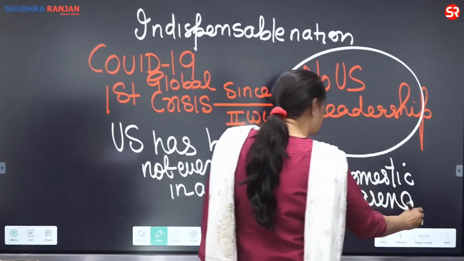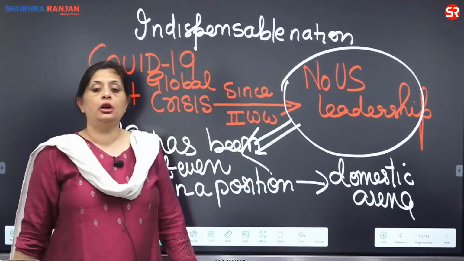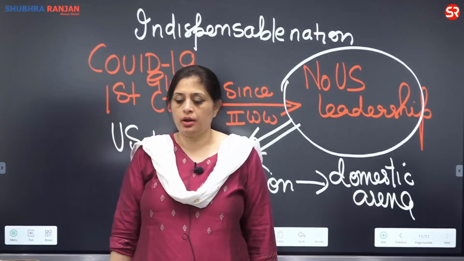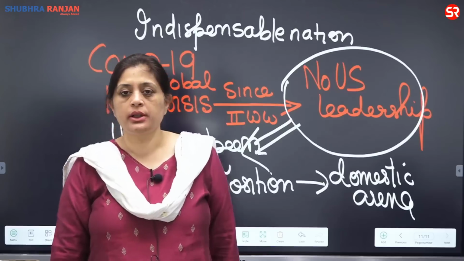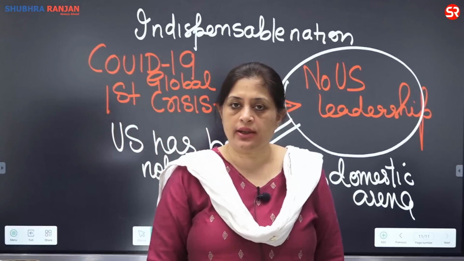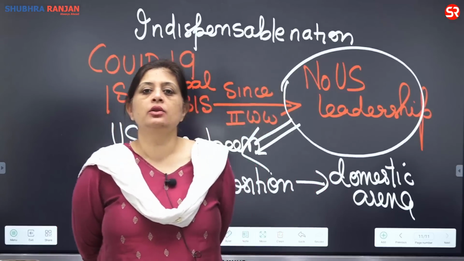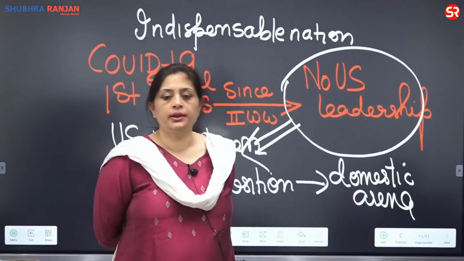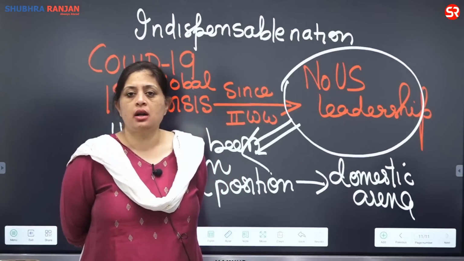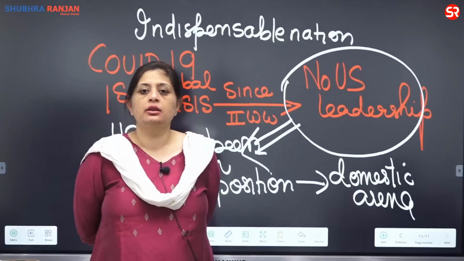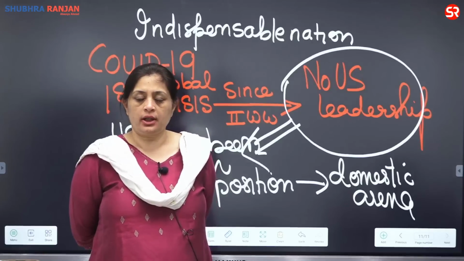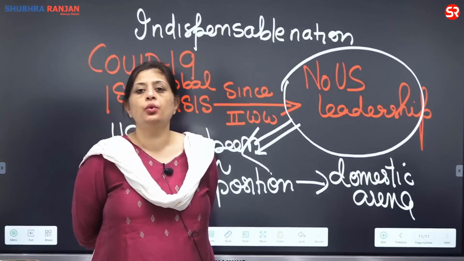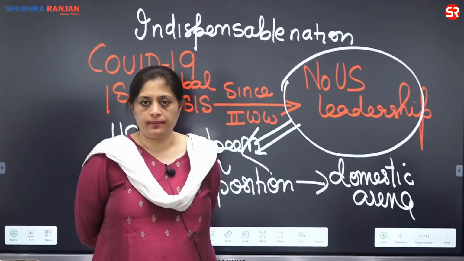So it has certainly put a huge question mark on the credibility of US hegemony, and this also shows that we should start singing the obituaries of the end of US hegemony.